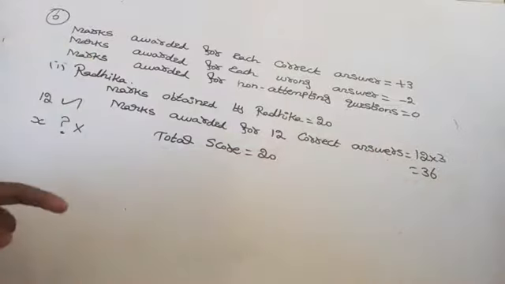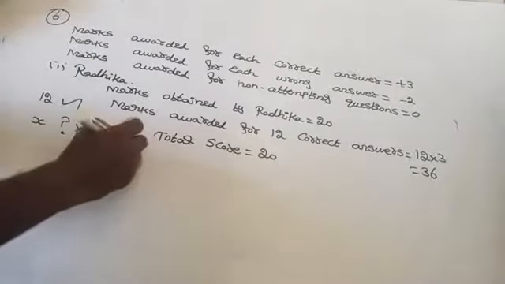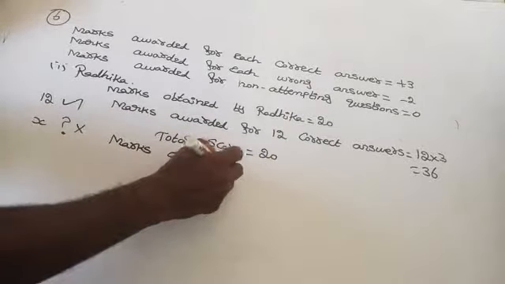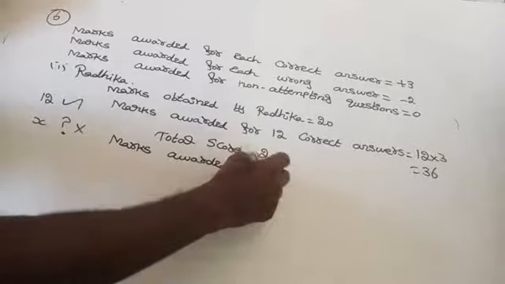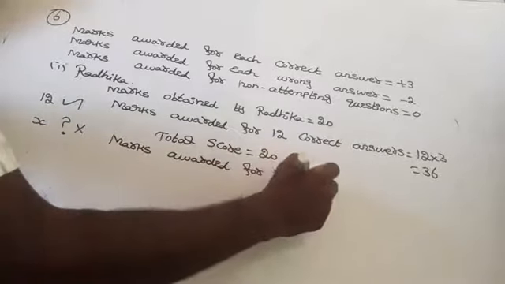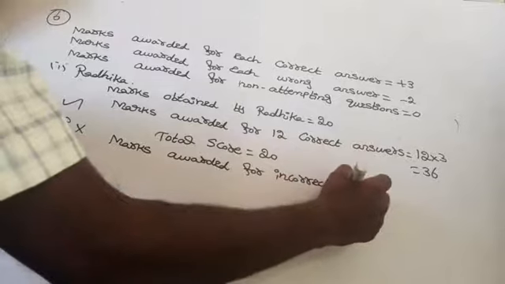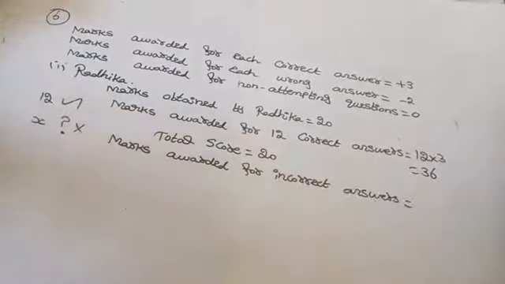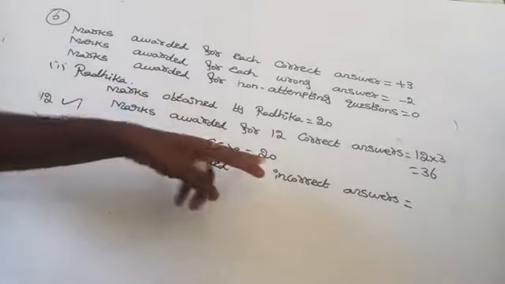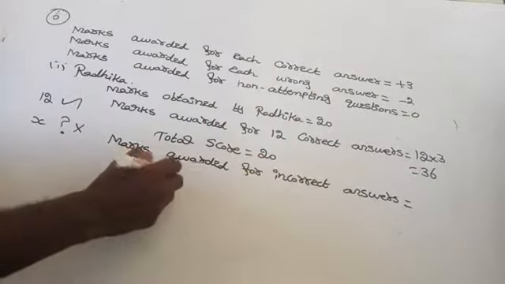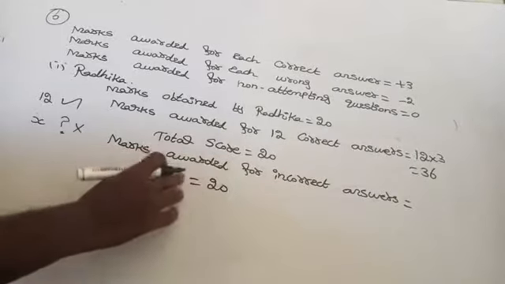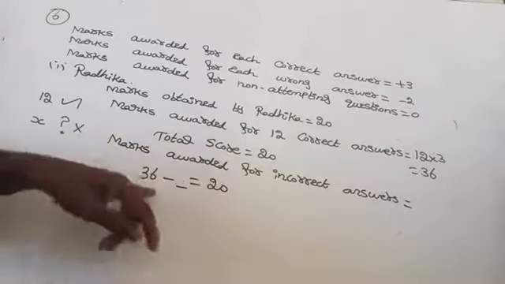Here she was awarded 36 marks for correct answers. Then the marks awarded for incorrect answers, how much, dear? 36 minus some number gives us 20.